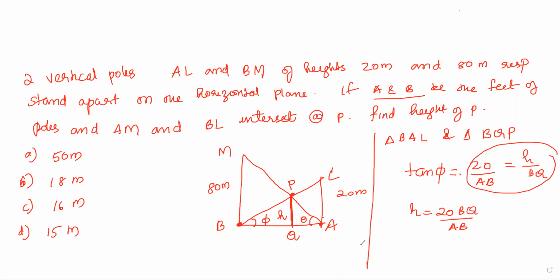Okay. So now I'm going to write what is AB. AB is equal to AQ plus BQ, isn't it? Now what is AQ?